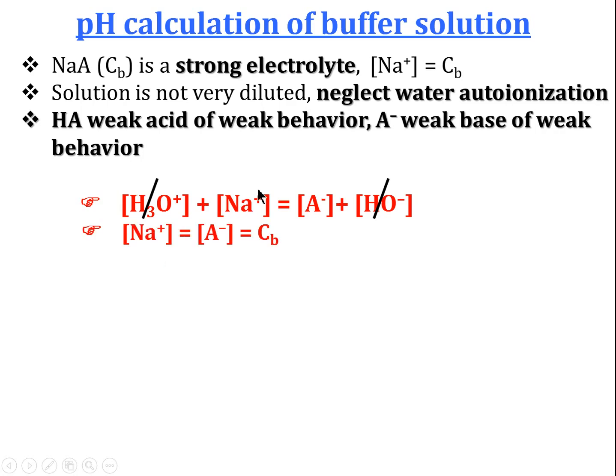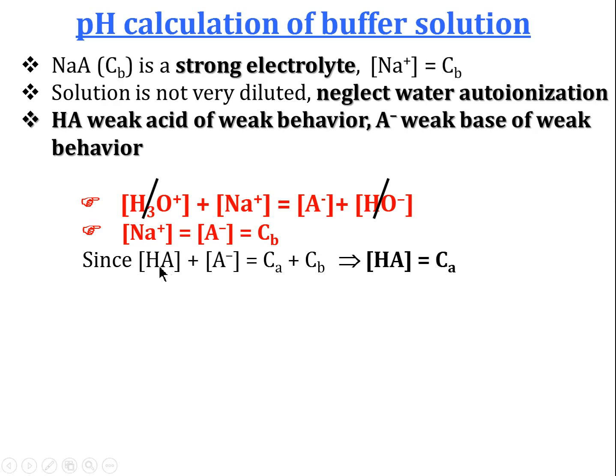So we obtain [Na+] equal [A-] equal Cb. From the principle of conservation of species, [HA] plus [A-] equals Ca plus Cb. And since [A-] equals Cb, in this case [HA] will be equal to Ca.